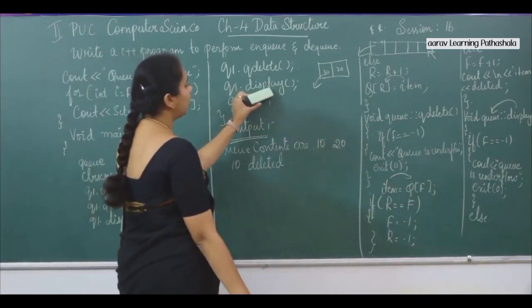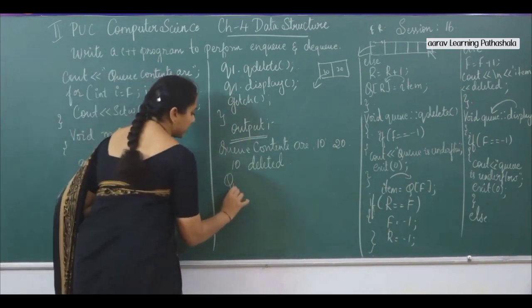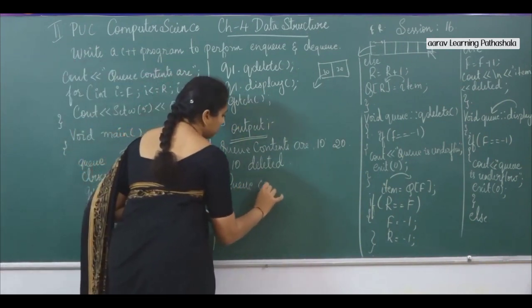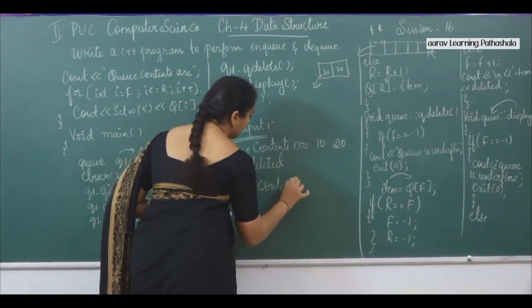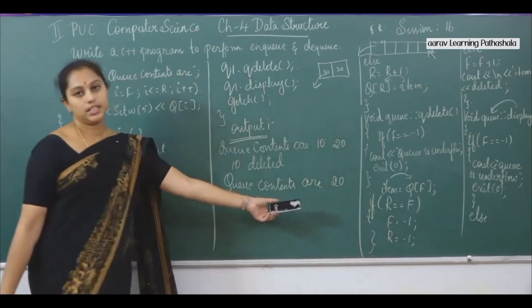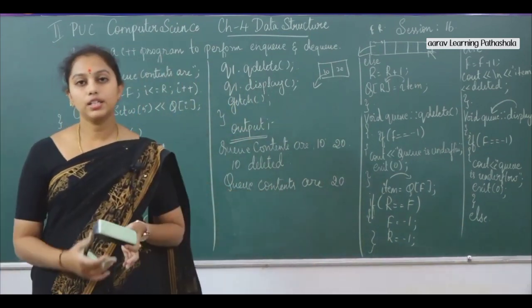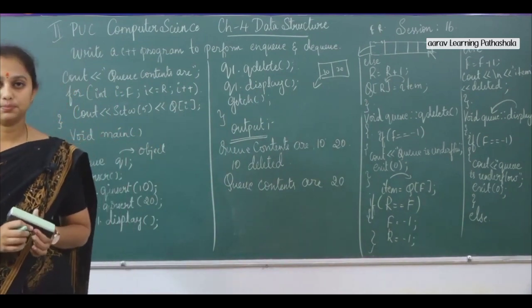Again we have called the display function. Queue contents are: now it contains only one item, 20. So this is the program for enqueue and dequeue of a queue. Thank you.